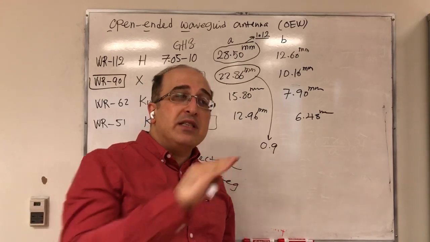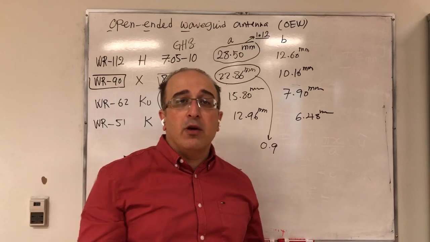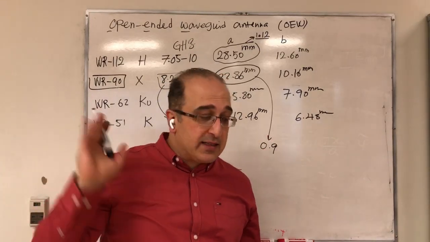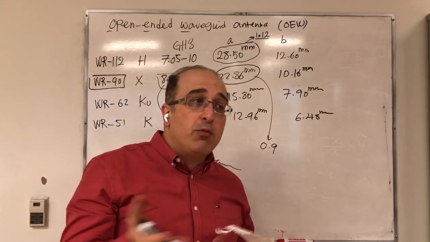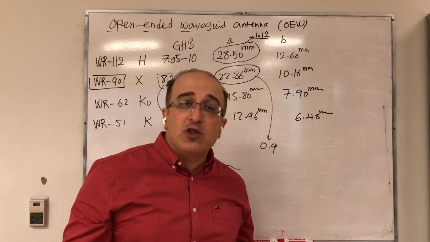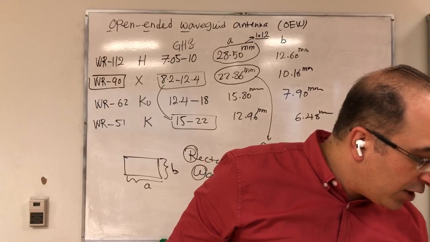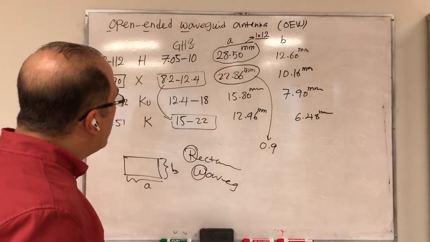When the frequency becomes smaller, it becomes bulkier, so it becomes heavier. So if you, for example, have an antenna that needs to be moved, in the system that we have, the antenna needs to be moved. So then mechanical positioning system and things like that can be more challenging for a heavier antenna. So that's a couple of things about our open-ended waveguide antenna.